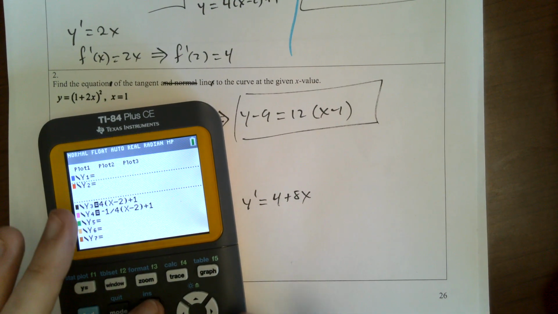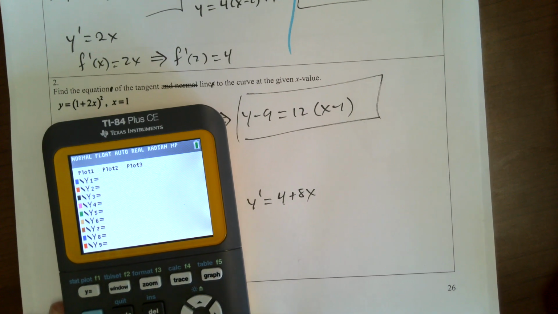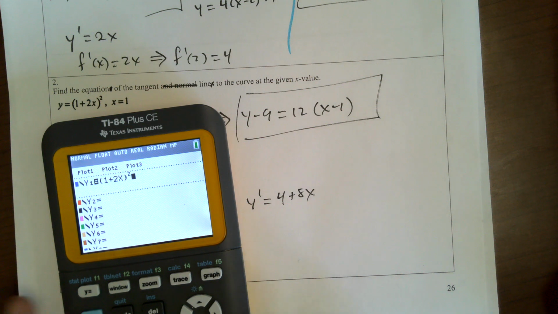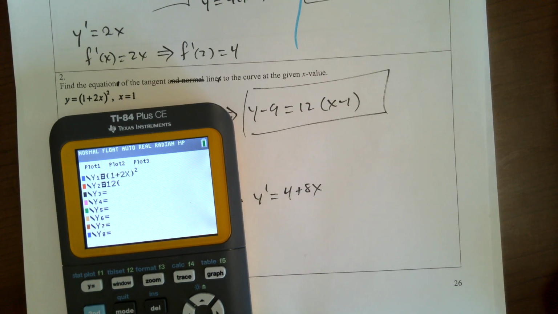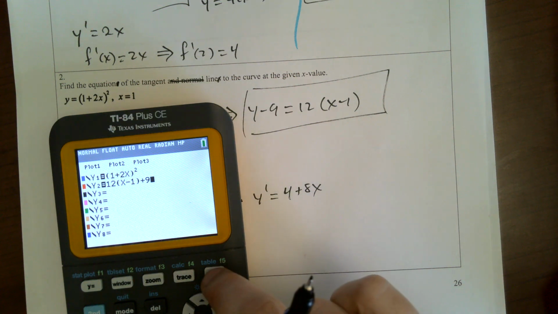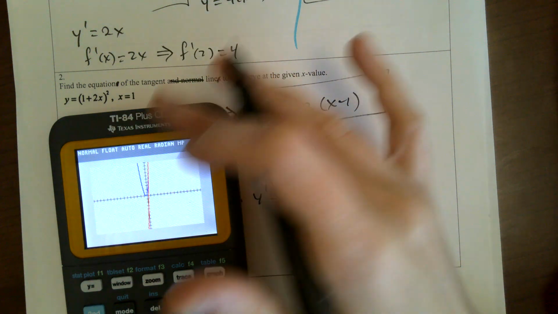And let's just check that. All right, so parentheses, 1 plus 2x squared. And then I have to add the 9 to the other side if I'm going to graph it. Plus 9. All right, let's see what it looks like. Okay, that looks good.